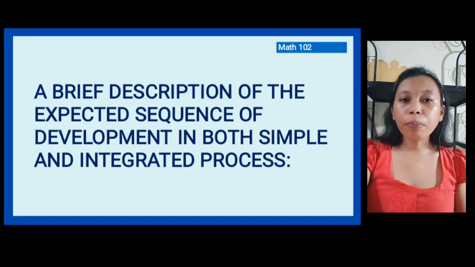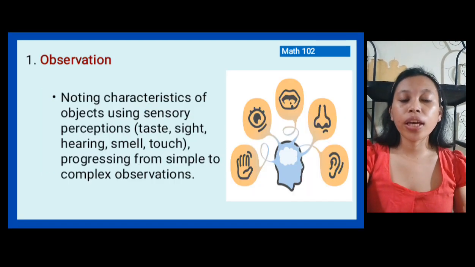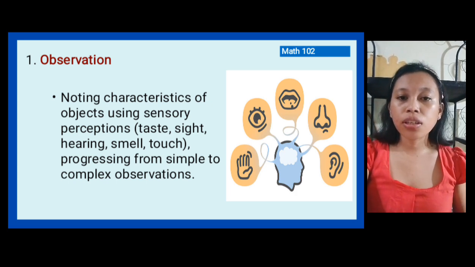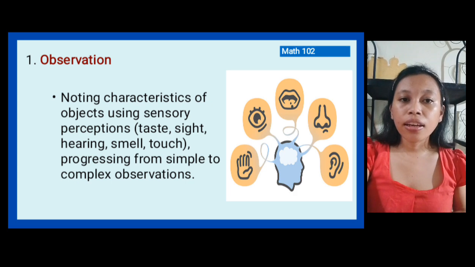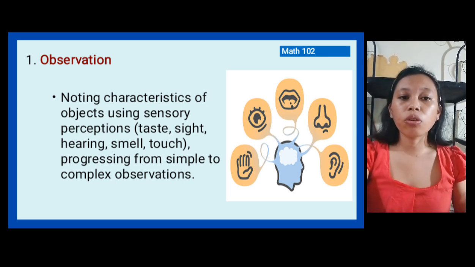Okay, now a brief description of the expected sequence of development in both simple and integrated process. First we have the observation. Noting characteristics of objects using sensory perceptions: taste, sight, hearing, smell, touch, progressing from simple to complex observations. Observation is the condition of inquiry.